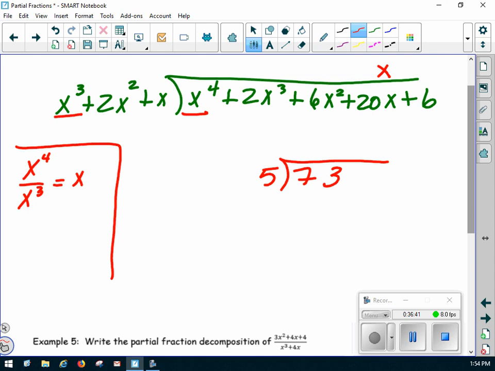Look here. What do? 5 goes into 7. What do I do with that 1? What do I do now? I multiply this by this. Right? So I'm going to multiply this by this. All right, x times, y'all hush.